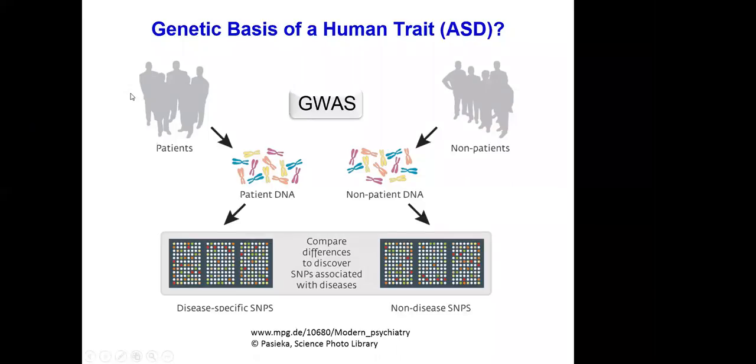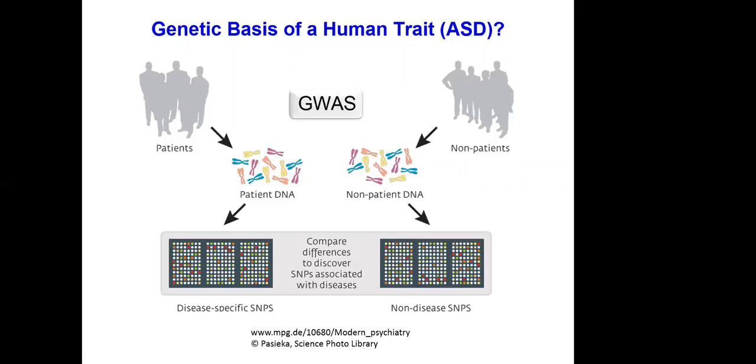You take patient DNA and non-patient DNA, and you genotype them, and you look for some difference in allele frequencies or genotype frequencies. And you say, if there's a highly significant difference at some locus, then that locus is presumably causal for that disease or contributes to the risk for that disease. So that's GWAS, and highly successful.